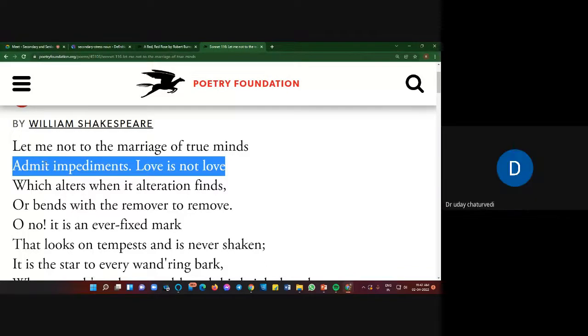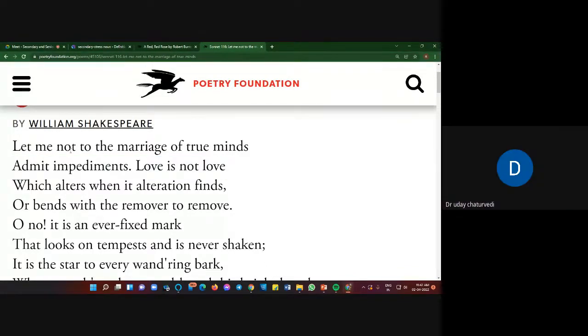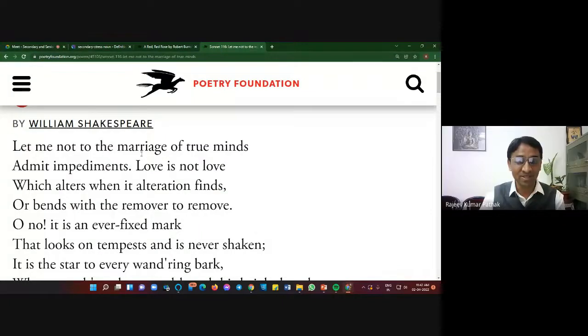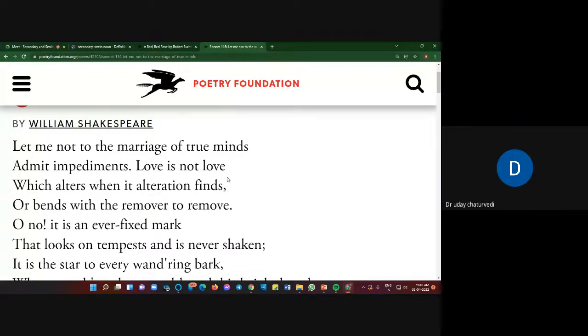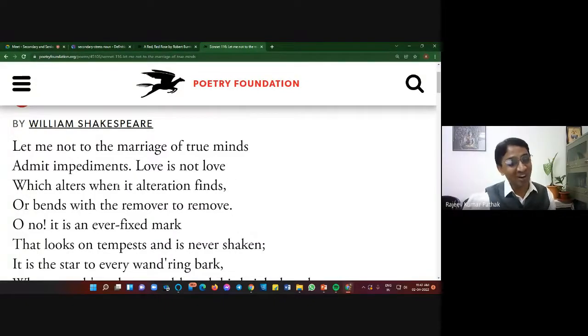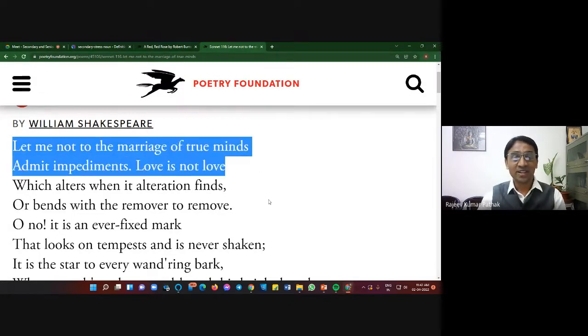In the first line, the number of words is 9, and the number of syllables is 10. So syllables are not counted on the number of words. Is it clear? In both the lines, the number of syllables is 10 in each.